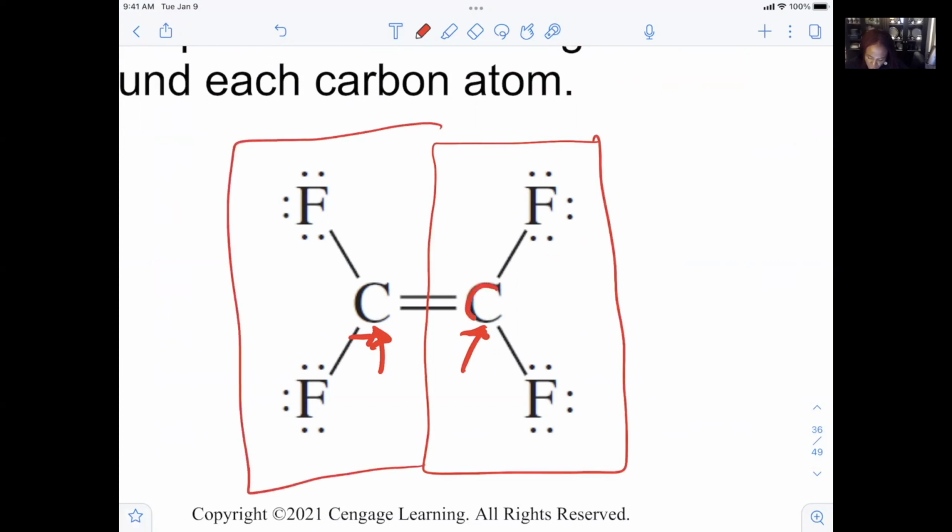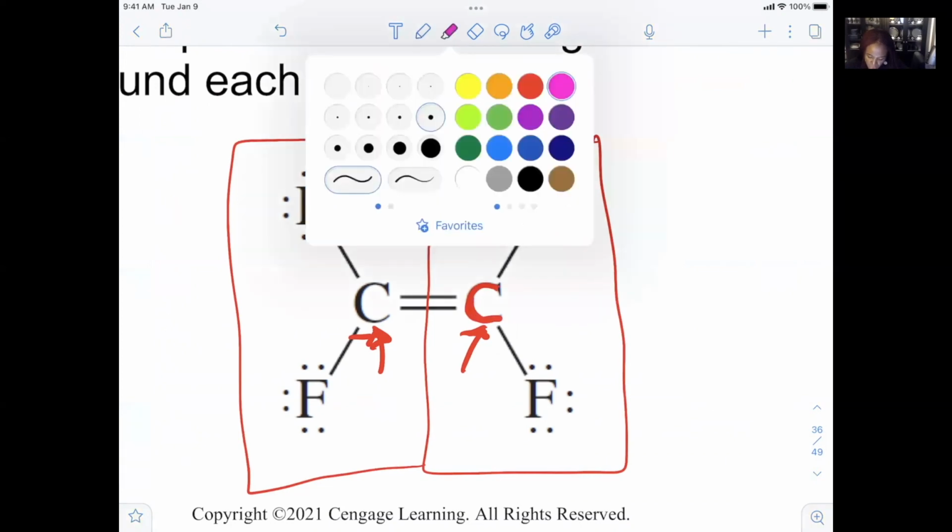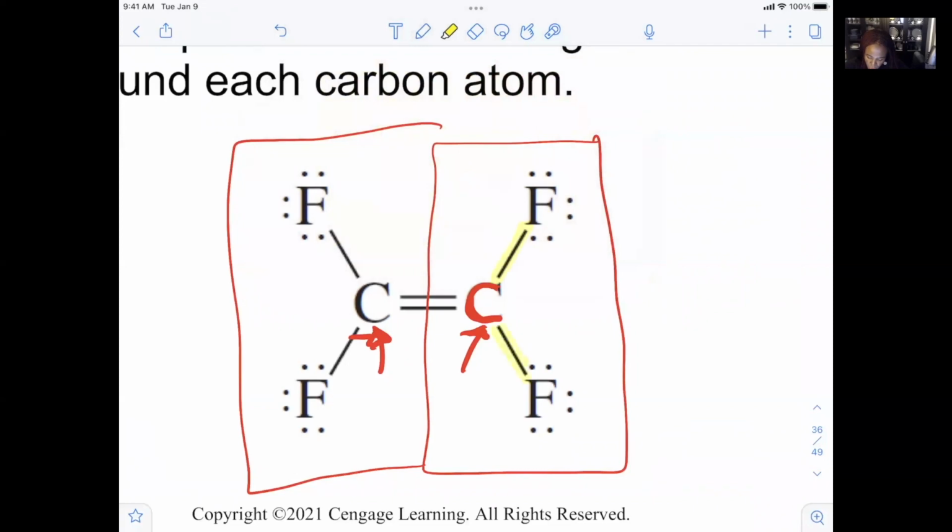So for this central atom, we have one carbon surrounded by 3 groups, where all groups are bonded groups, and they're flat, right? It's 3 groups, so it's going to be trigonal planar. If they ask for a bond angle, 120 degrees.